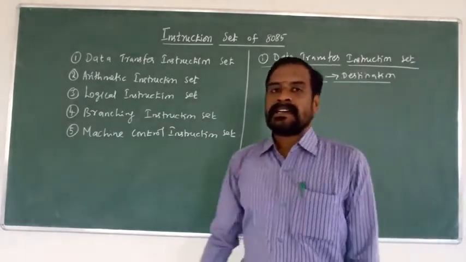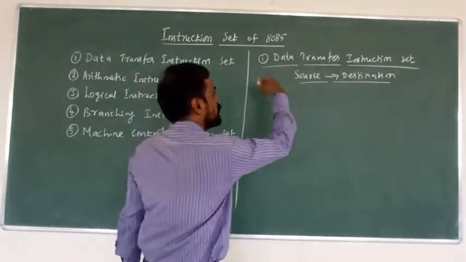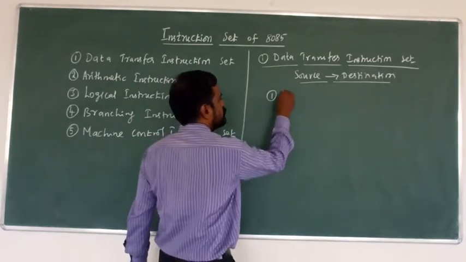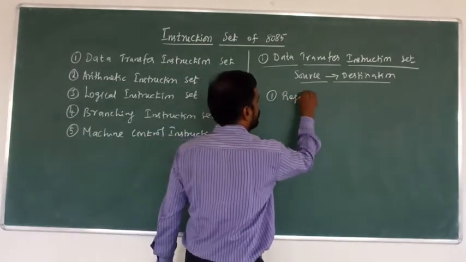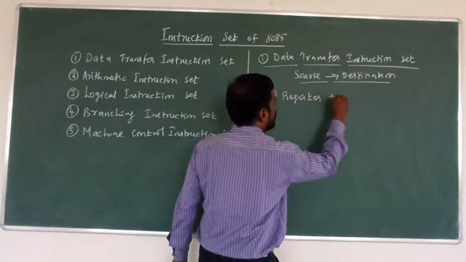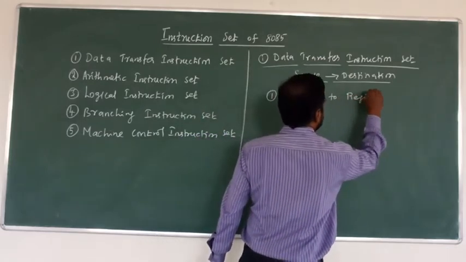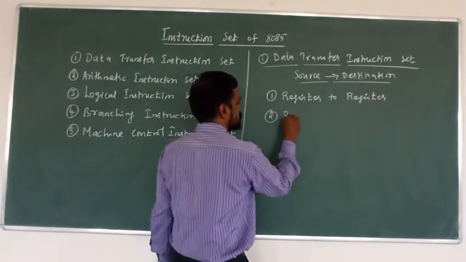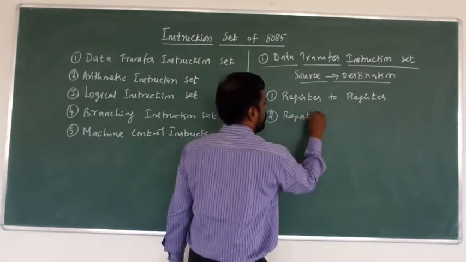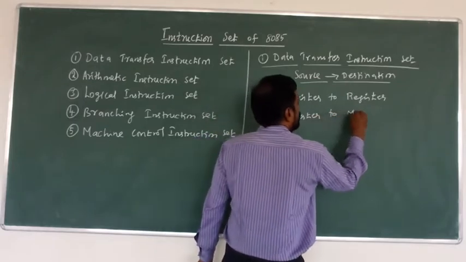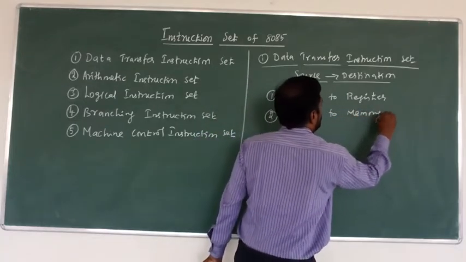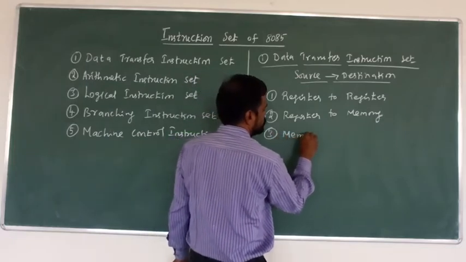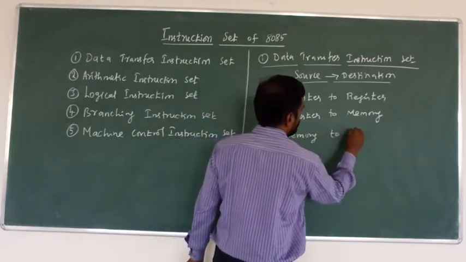There are 3 ways we can transfer the data. Number 1, register to register. Number 2, register to memory. Number 3, memory to register.